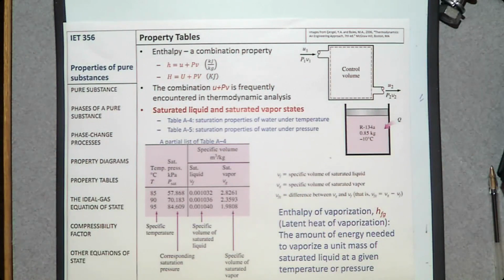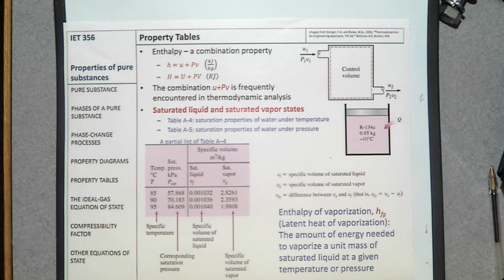Do you remember PV? We studied PV in chapter 2. I told you that this is the flow energy. So when you combine internal energy and flow energy, that is enthalpy. That's it. There's no special meaning of enthalpy. It is just internal energy U plus flow energy PV.